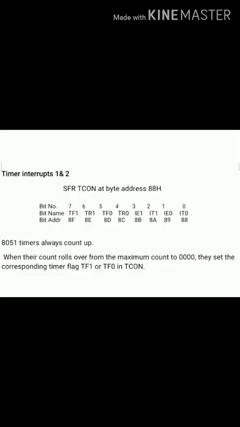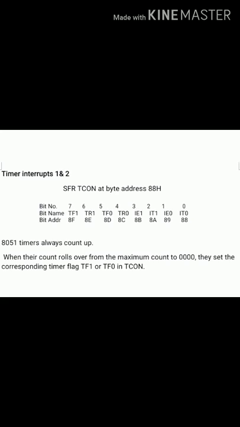Next one is timer interrupts. Timer interrupts occur when the rollover takes place inside the timer. You know that the timer always counts up. The initial count will be given based on the design, based on how much delay you want to achieve. To generate a delay, the timer is used, and based on how much delay you want, the initial value of the timer is filled, and the timer is set on.